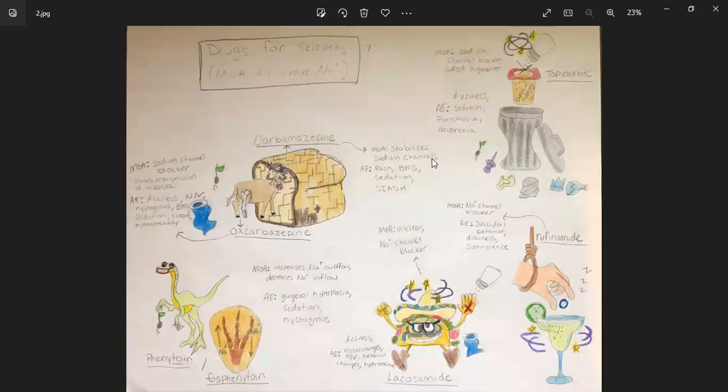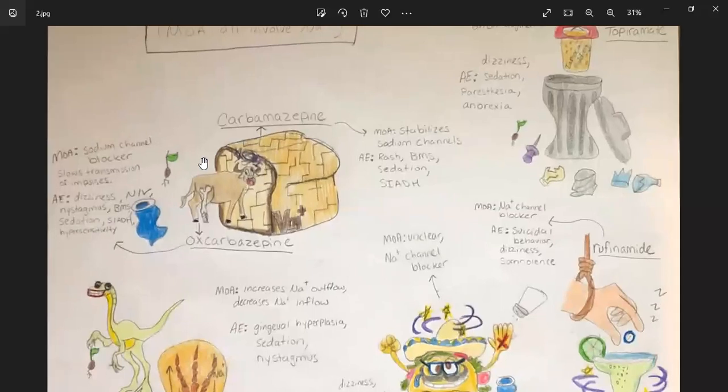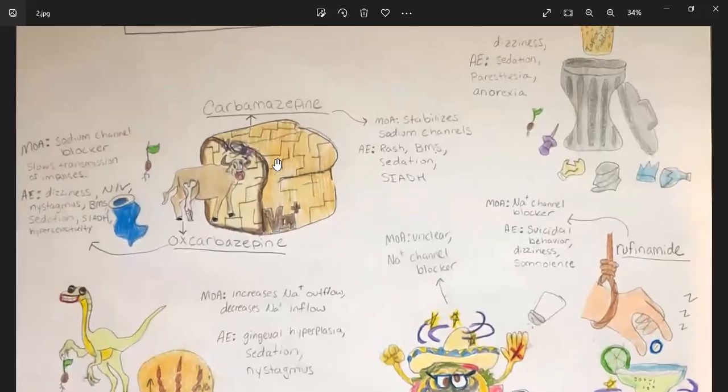So now we have more drugs for seizures, but this time all of the MOAs involve sodium. These pictures are all kind of separate. They don't really go together. So we'll just start with carbamazepine. This is a loaf of bread, so carbs, and then there's one of those little mazes. So carb, maze, pine.